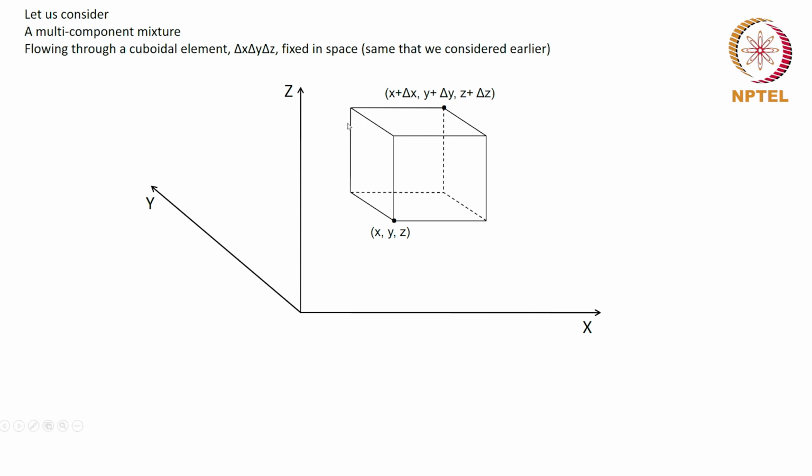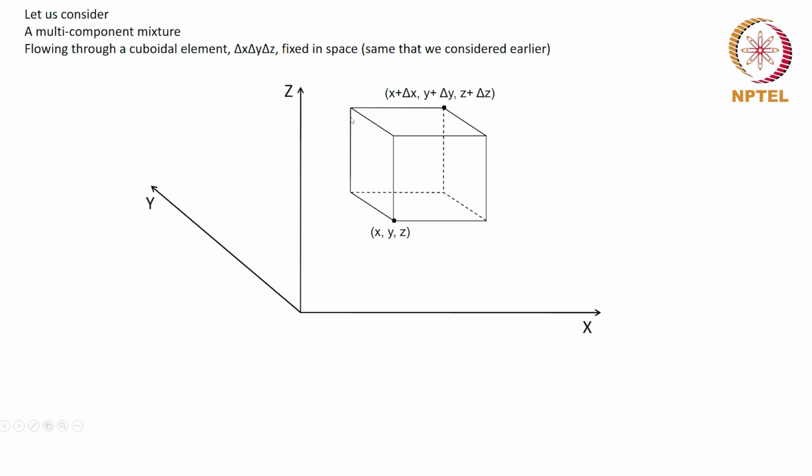This is the cuboidal element of thickness delta x, delta y and delta z, and therefore this point turns out to be x plus delta x, y plus delta y and z plus delta z. This is our system control volume, a fixed volume in space, through which a multi-component mixture is flowing in 3 dimensions.